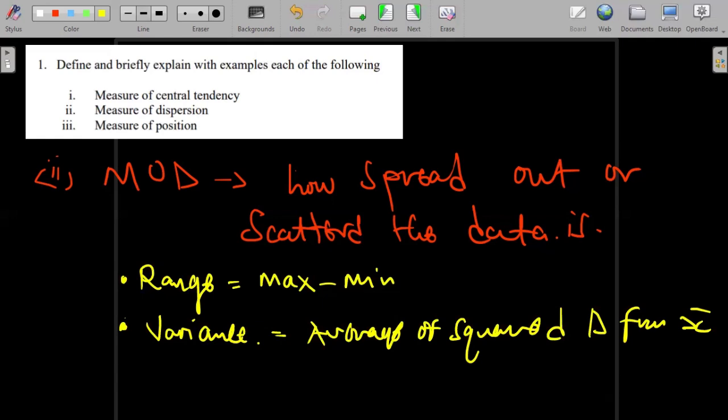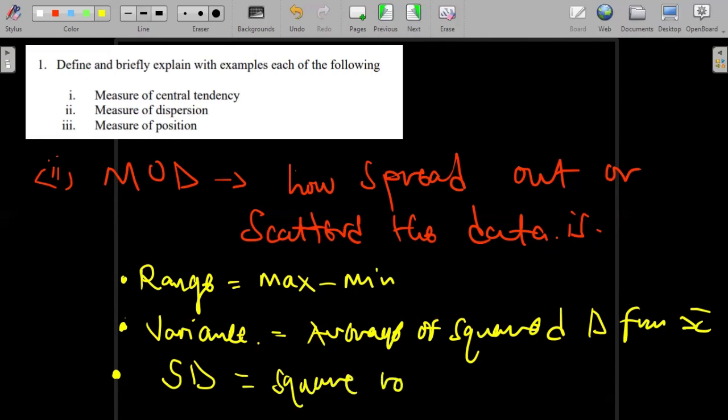If it's not grouped, it has a different formula, and if it's grouped, it also has a different formula. So we're going to see their formulas when you start solving some questions. And then the other one is the standard deviation, the SD. So the SD is just the square root.